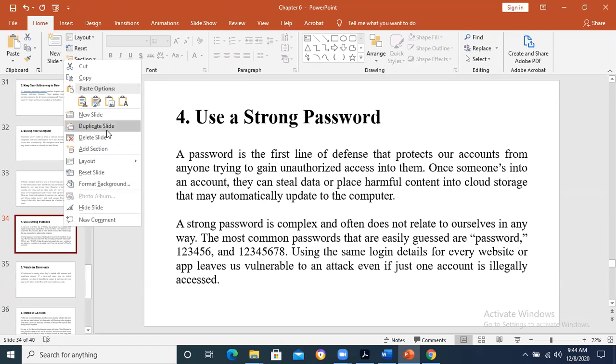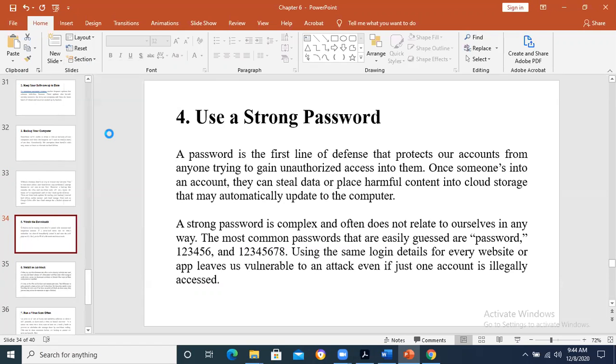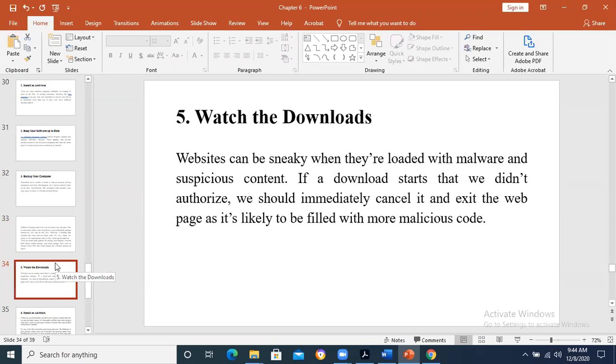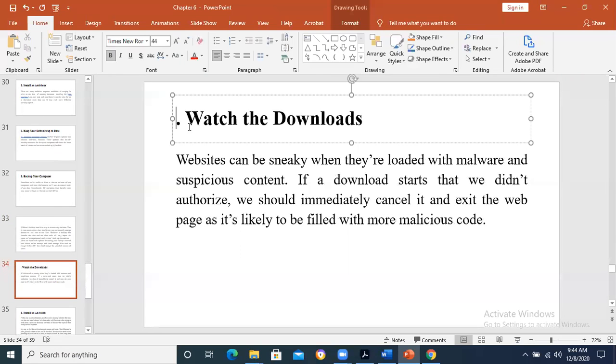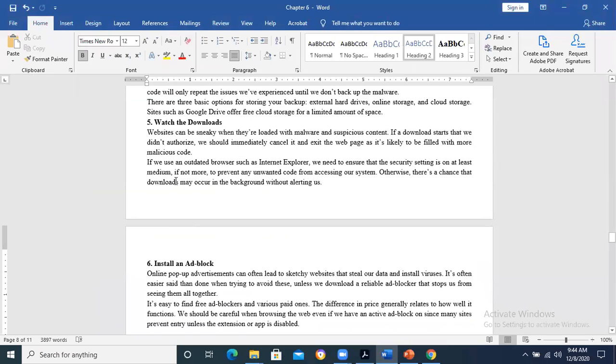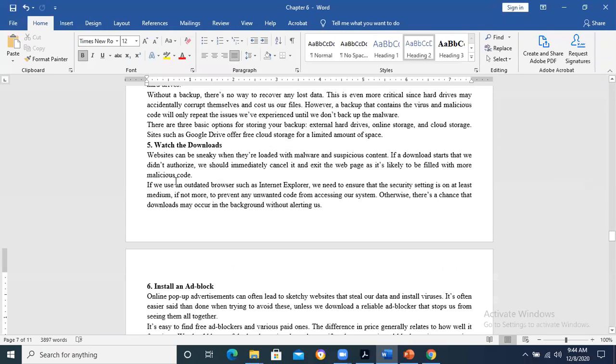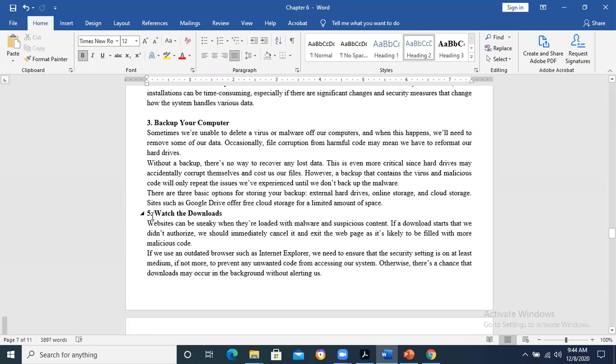I said that we should not include that one because it is related to security. Watch the downloads. Yes, this is important. I have also changed the numbering here; the number four position which was there, I have removed.